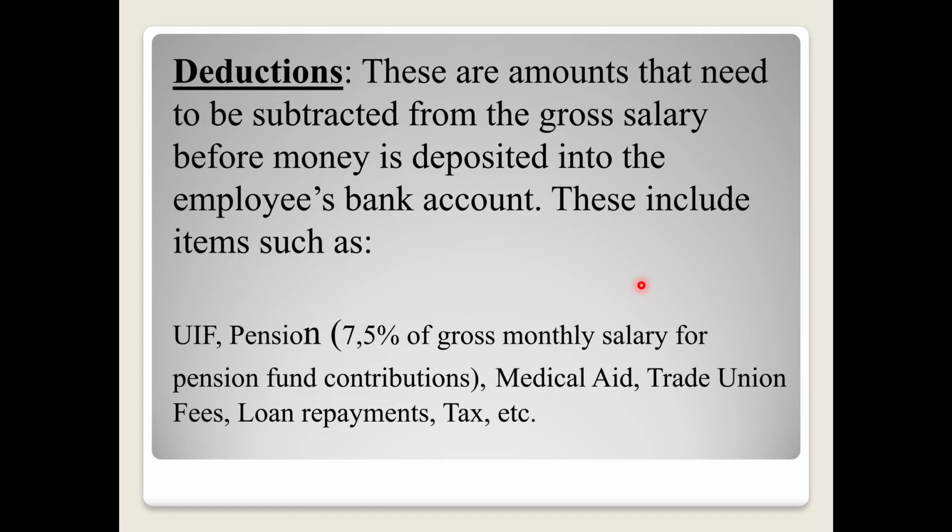So if you can remember the salary slip on the right-hand side, these are amounts that need to be subtracted from your gross salary before money is deposited into the employee's bank account. So examples can be UIF, pension, remember 7.5%, medical aid, trade unions, your loan repayments, tax. It depends on each individual, but these are all examples.